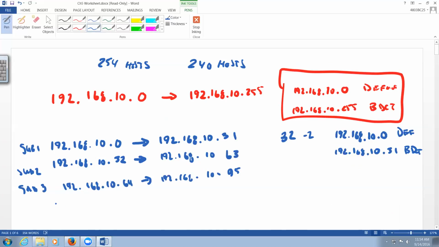Okay. And guess where subnet 4 is going to start at? 192.168.10.96. And you're going to add 31 to that. You're going to get what? 127. Okay. Wow, look at that. 0 to 127. That's split in half. You expect the next one to be 128. Oh my gosh, 2 to the 8 is 128.